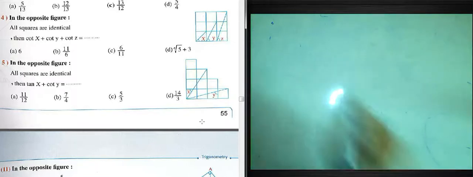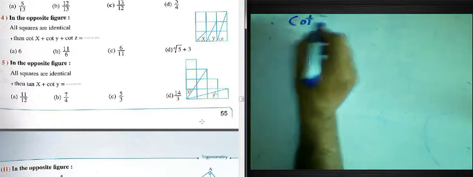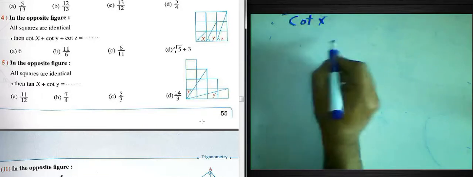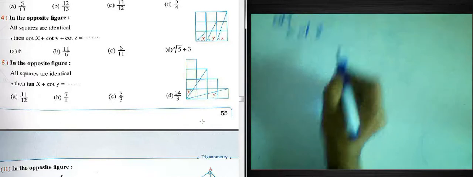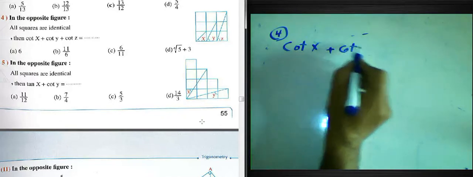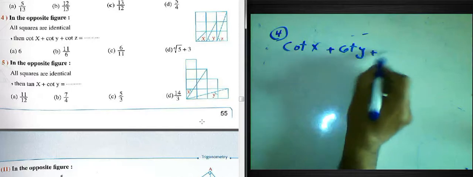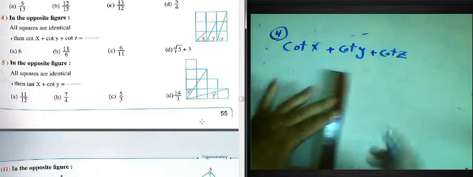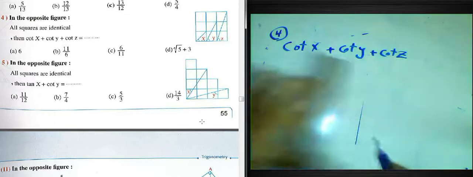We know cotan x plus cotan y plus cotan z. I will draw it here to understand it. Okay.